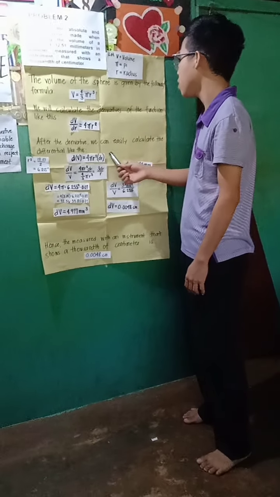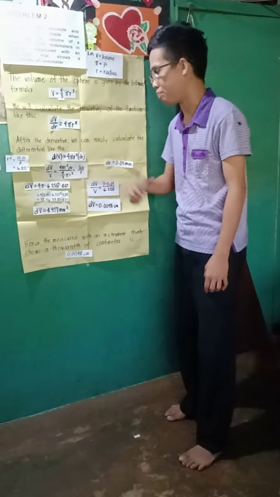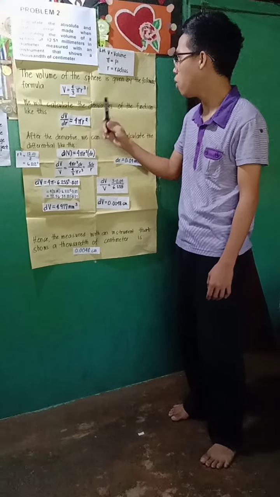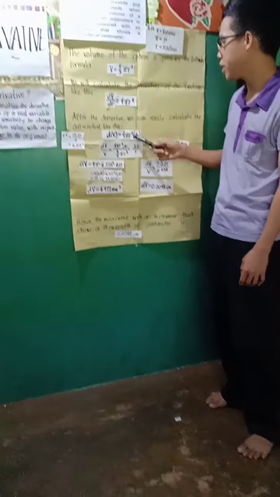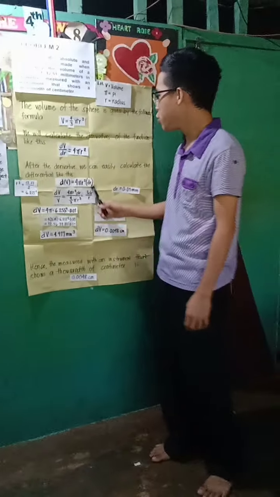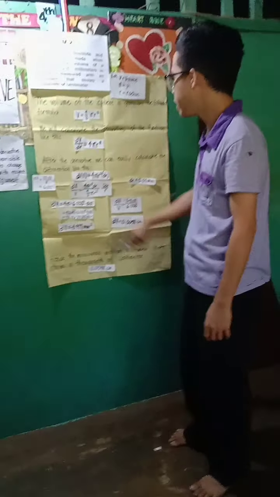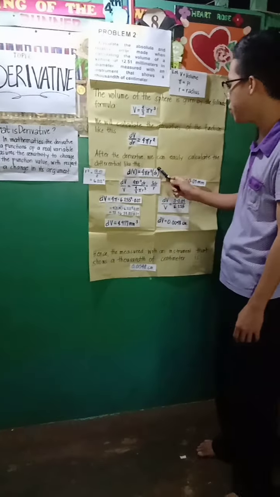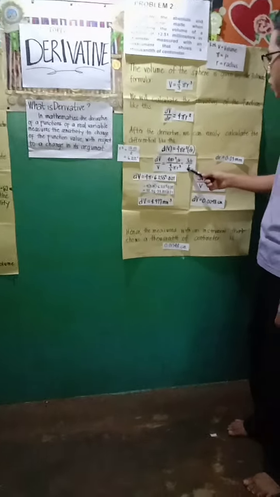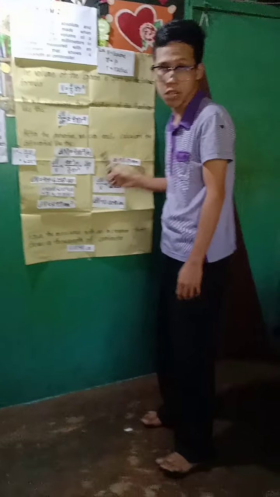After the derivative, we can easily calculate the differential like this. dV, the formula of 4 pi r squared times dr. First, we should find dV divided by V, which is 4 pi r squared dr divided by 4 divided by 3 pi r cubed, which equals 3 times dr divided by r.